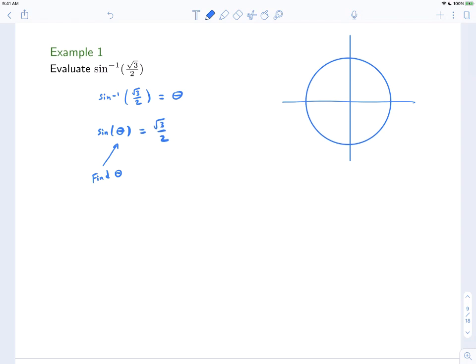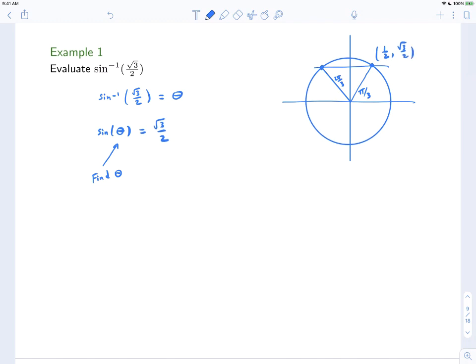Now that happens in two different places on the unit circle. It happens right about here. This one is the angle pi over 3. But it also happens right over here. This angle is 2 pi over 3. So the coordinates for this point here for the angle pi over 3 are 1/2 comma the square root of 3 over 2.